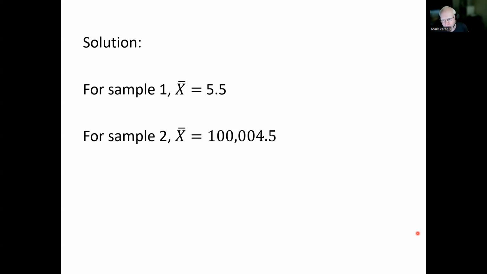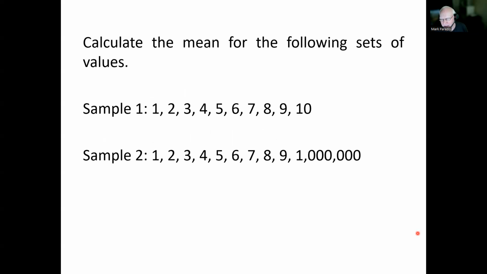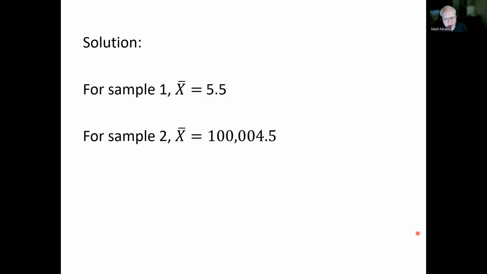For sample 2, the mean is 100,004.5, right? And if we go and look at 1, 2, 3, 4, 5, 6, 7, 8, 9, and 1 million, 100,004.5 doesn't seem to do a particularly good job of representing any of that. If it's representing the typical value, none of the values are even remotely close to this number, right?